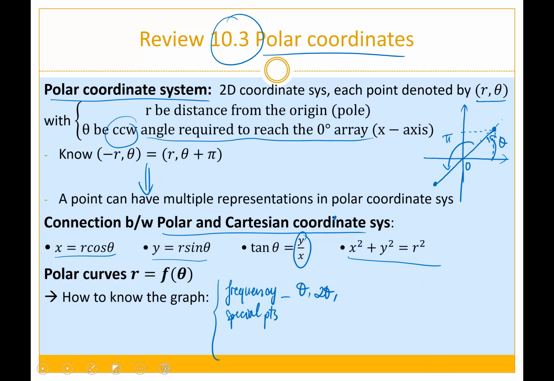Or you can check initial points, plugging in 0, pi over 2, pi over 4, pi over 3, pi over 6, and so on, to see that the points match. If they all match, it's really likely to be the graph you're looking for. Maybe also use a table to keep things neat and keep track of the values.